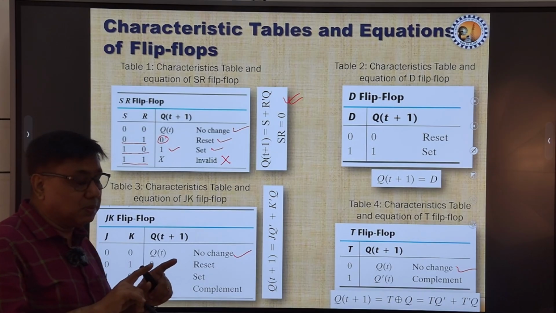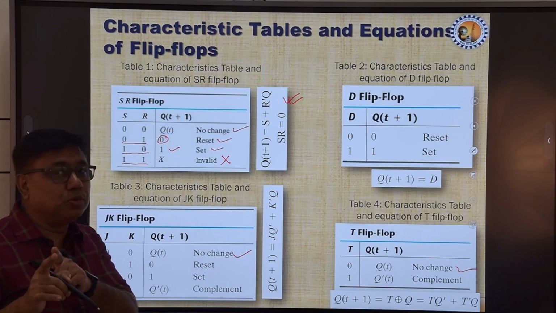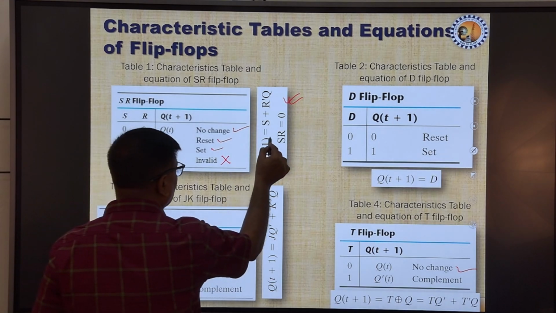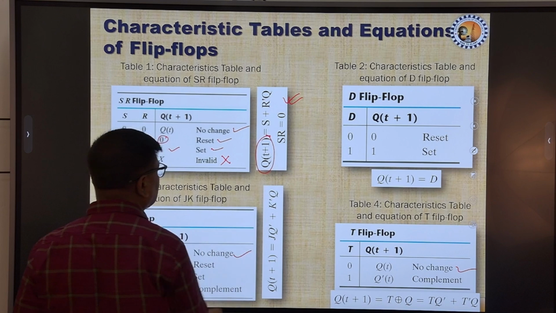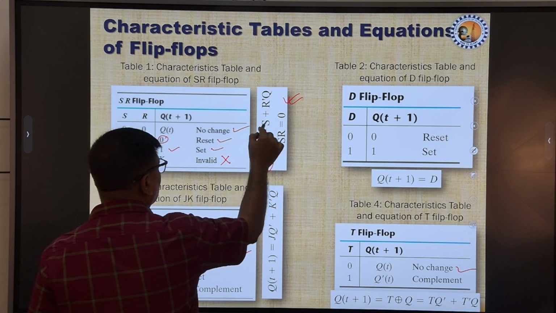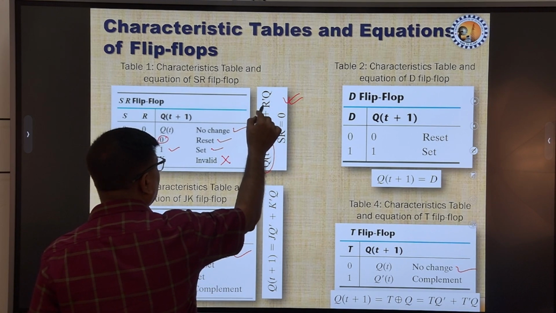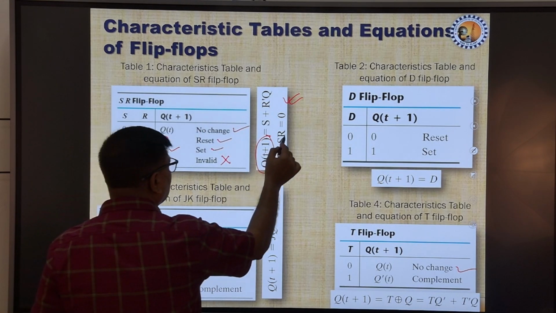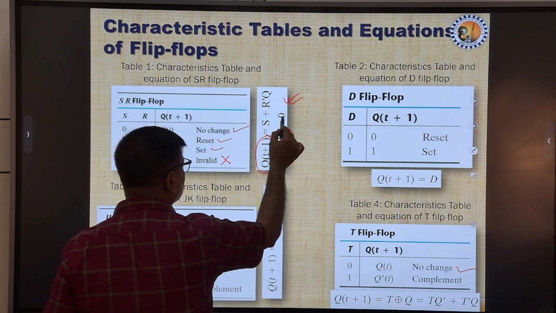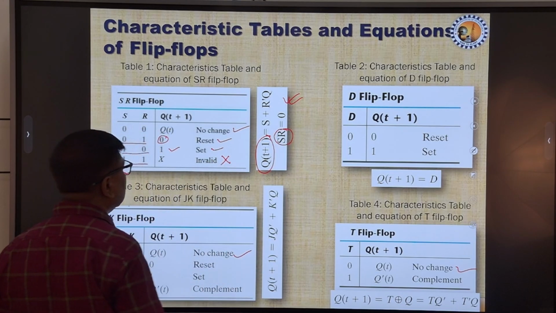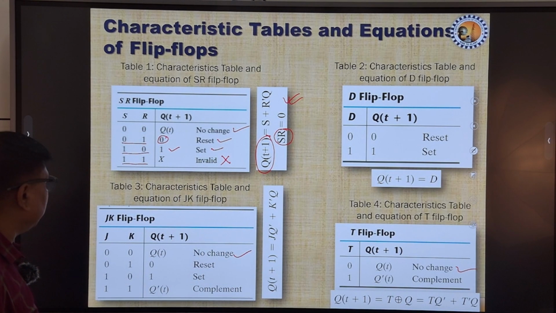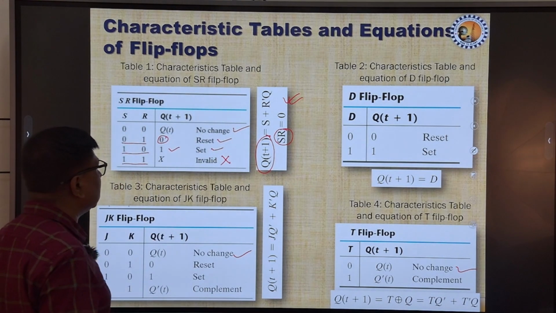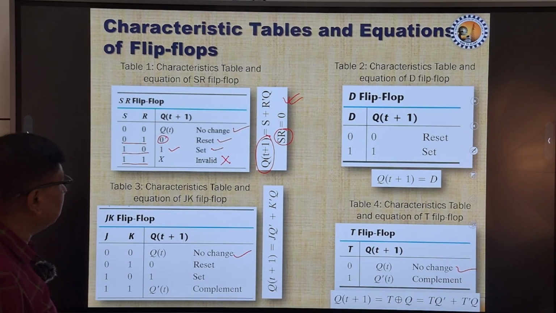The characteristic equation basically relates the output of the flip flop with the input. Here the output or next state Q(t+1) is governed by S plus R bar Q, and we have to meet the condition SR equal to 0, so that this invalid condition does not appear.